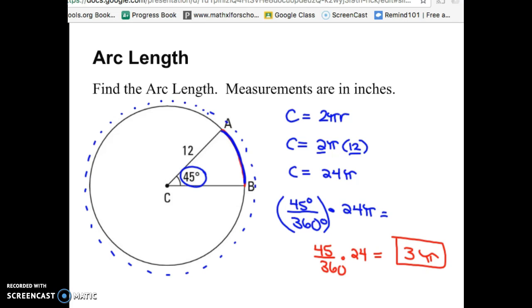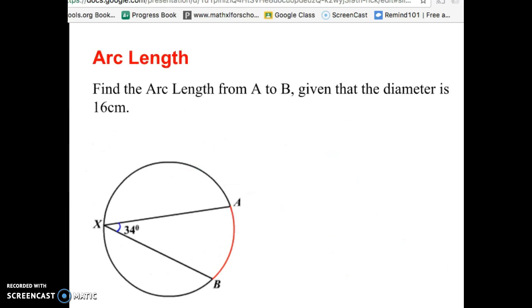And if I do that, it'd be 9.42 if I rounded it. So 9.42. Okay, just look at the instructions, see which way they're asking you to do the problem, and count how many decimal places they want you to round to. Okay, this one's similar. You don't have a central angle here, but I'm still going to find this arc length right here.